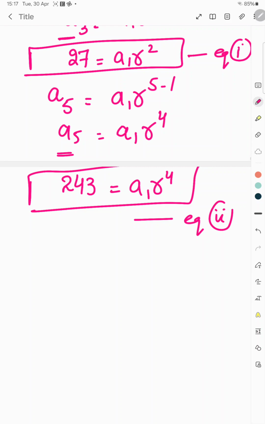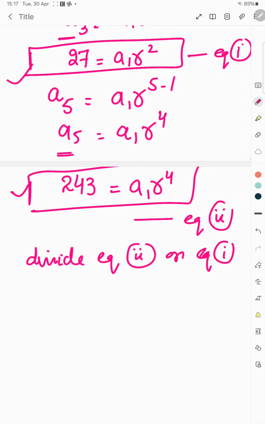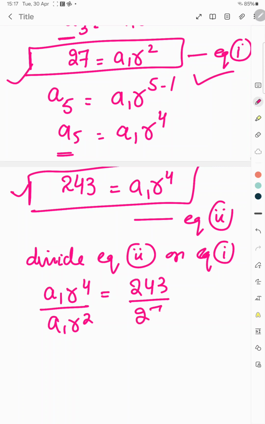Okay student. Now I will solve both these equations to get the value of r. For this, I will divide equation 2 by equation 1. So I will just divide both the equations. a1 r^4 is equal to 243, divided by equation 1, which is a1 r square is equal to 27.